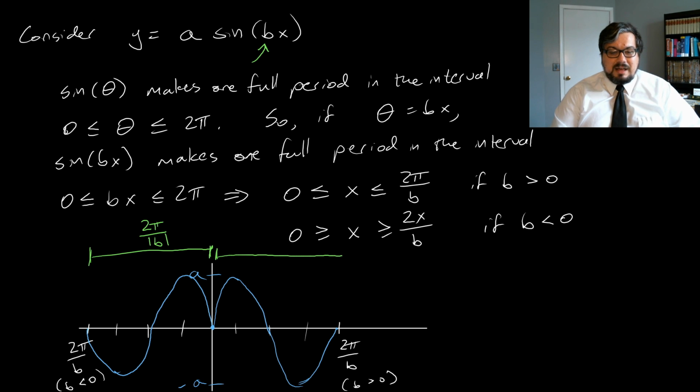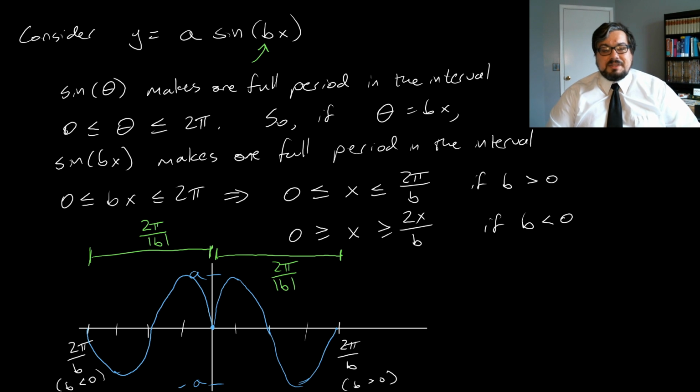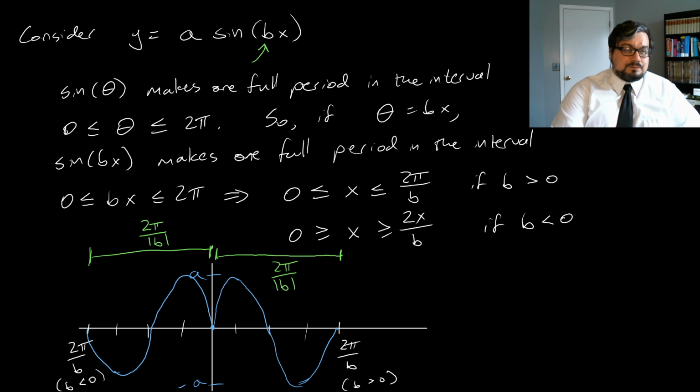We want the absolute value because the period has to be a positive number. And the same thing here. In this case, on the right, the period is actually 2 pi over b, but of course, because b is positive in this case, we don't lose anything. We're not incorrect if we write the absolute value here either.